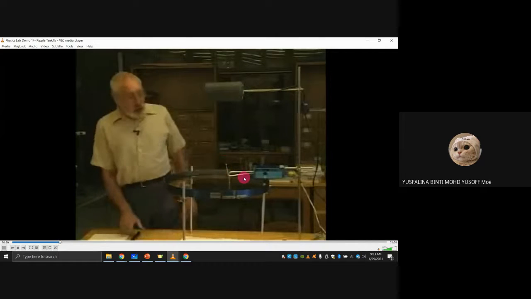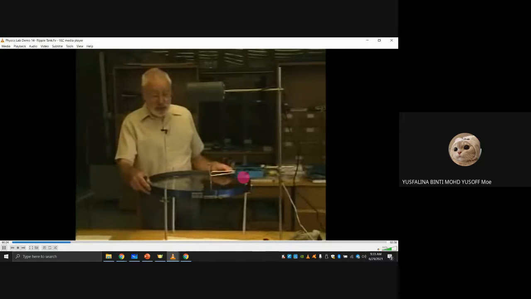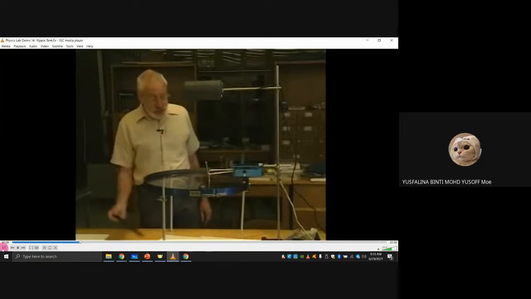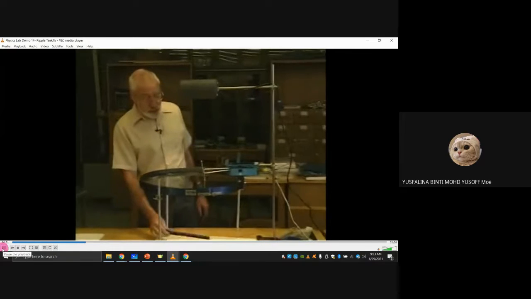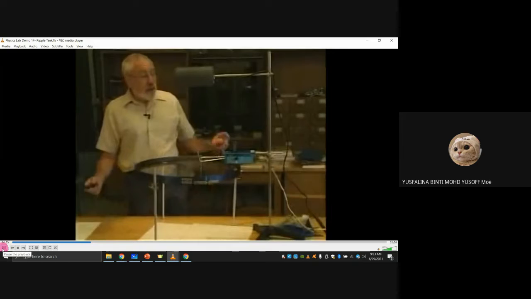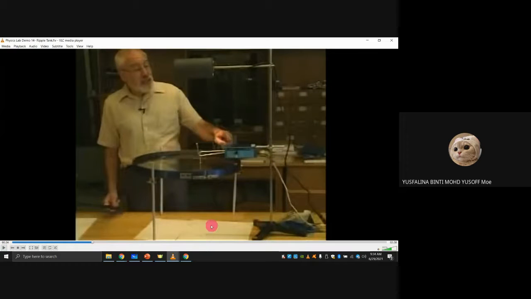Okay, so this is actually the ripple tank. You put the white paper here, so you can see the shape of the wave. They will put the light here, and the light will go down, and you will see the shape of the wave.